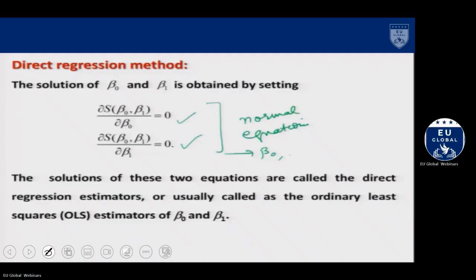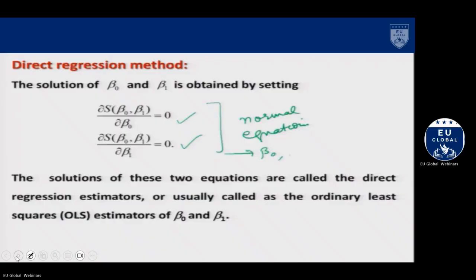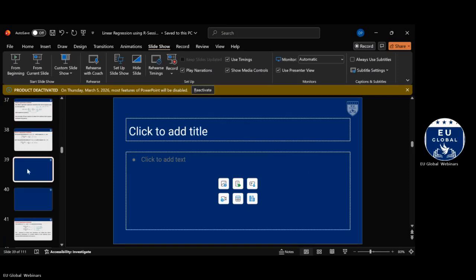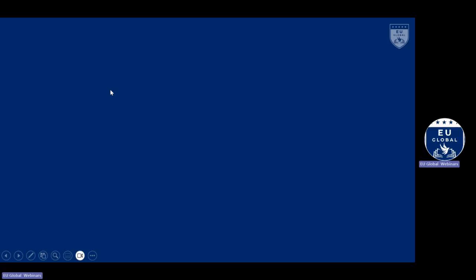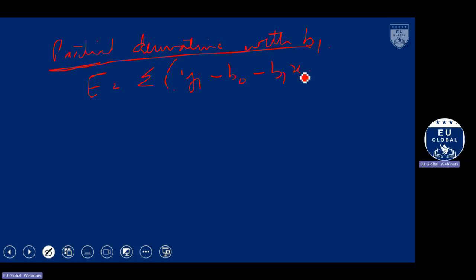Next we are going to find the partial derivative with respect to B1. Then E is equal to summation of yi minus B naught minus beta 1 xi whole square.